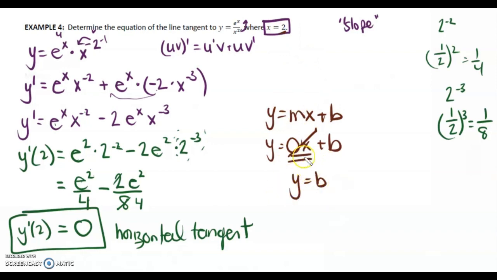What we need to do is solve for the full coordinate, x equals 2. We need to solve this for x comma y, which is going to be 2 comma some other number. And we just sub that 2 into the original. So y equals e to the 2 over 2 squared. So let's call this e to the 2 over 4.